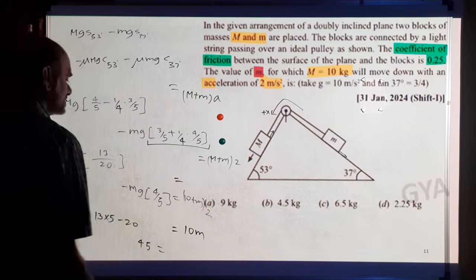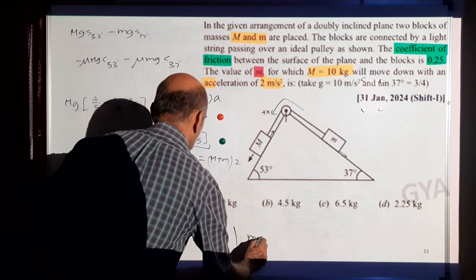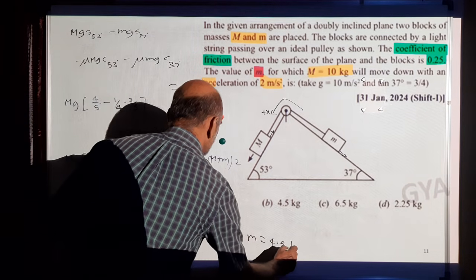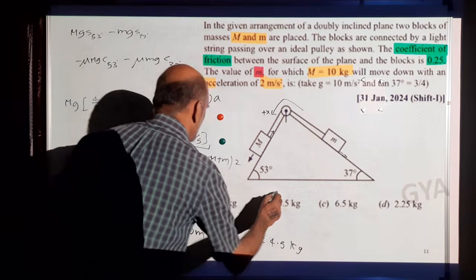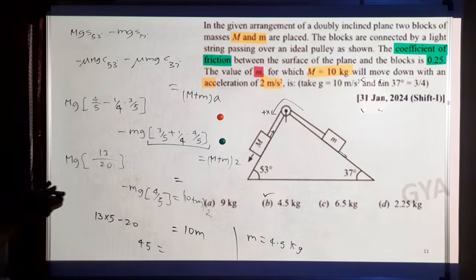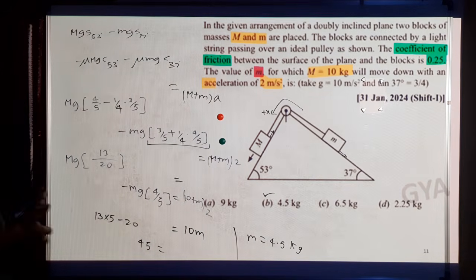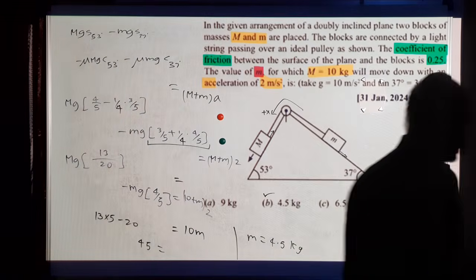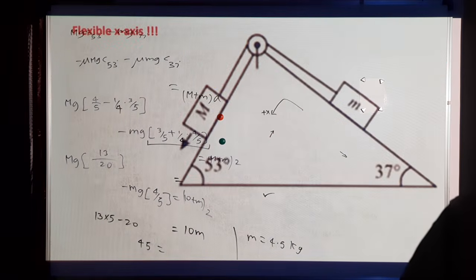Go to the right-hand side. That means m is 4.5 SI units, kg. Simple calculation. B is the correct answer.